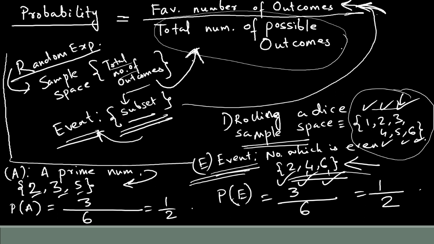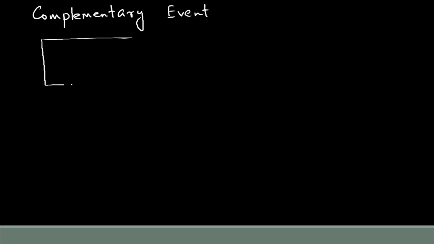Okay, I hope you got what I said up to this point. One more thing I will teach you is the complementary event. So let's say this is your total outcome set. Now you performed an experiment E, and the probability of the event E happening is P(E).